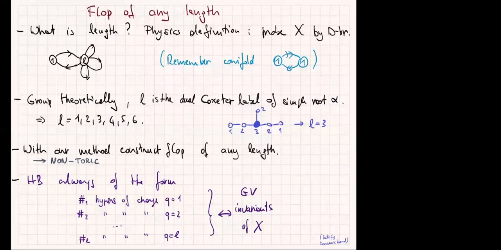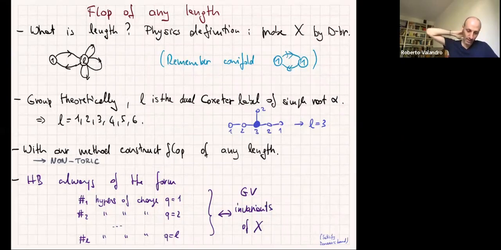Okay, so now, basically, we are able to construct flops of any length. And what is this length? It's a mathematical property of the flop, the blown up P1. I can just give you the physical definition, because the mathematical one is quite involved. You can probe these singularities through some D-branes, and if you do this for the conifold, you get this quiver.